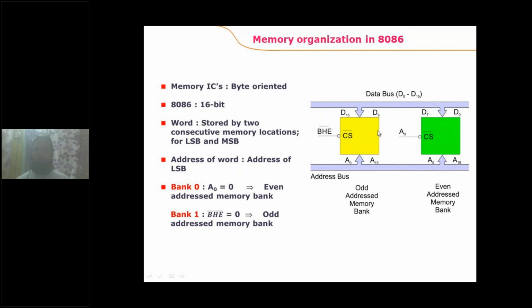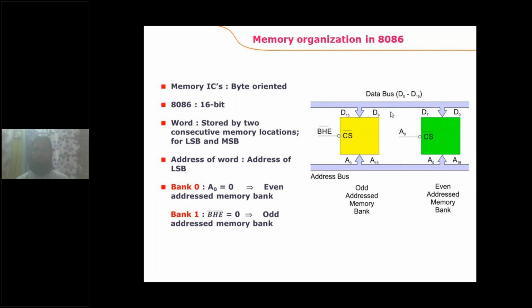And why is the 16-bit data bus split into two 8-bit data buses? Because whatever memory we use in a microprocessor based system or a microcomputer system, those memory chips consist of 8 data lines only, or some of the chips consist of one data line also, but most of the memory chips consist of 8 data lines.